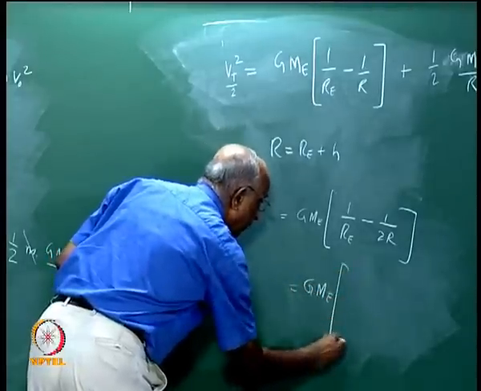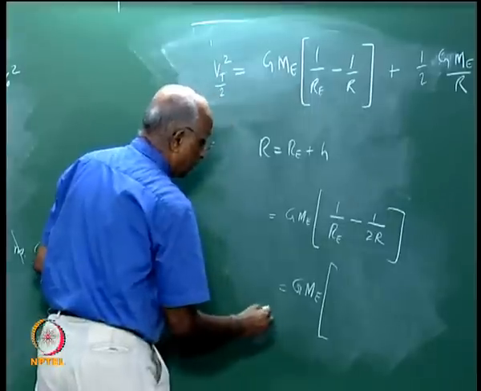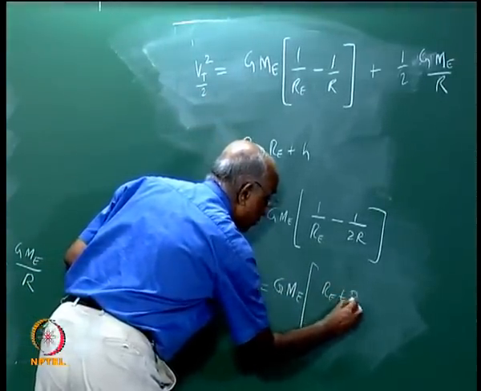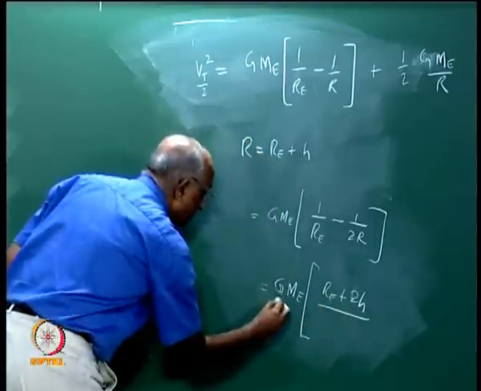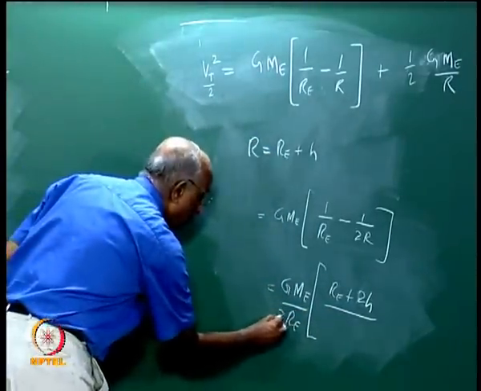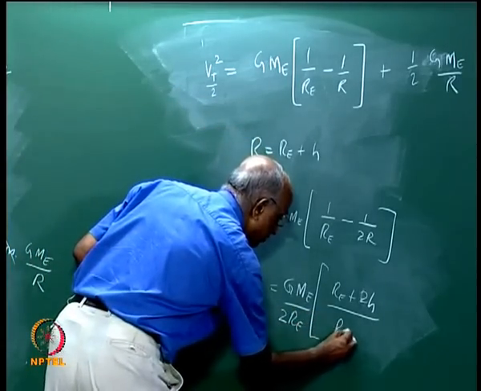But r is equal to Re plus h, and therefore this gives me something like G me by 2r minus Re, that means Re plus 2h, and I take Re outside here, and the value of 2 over here, and this is equal to Re plus h.